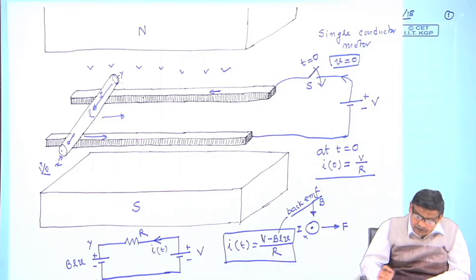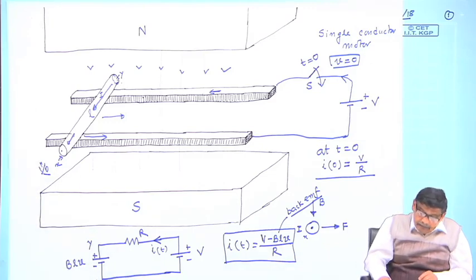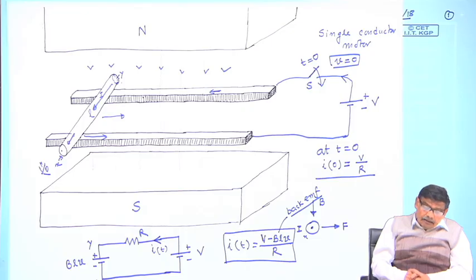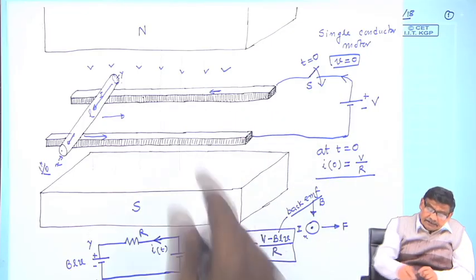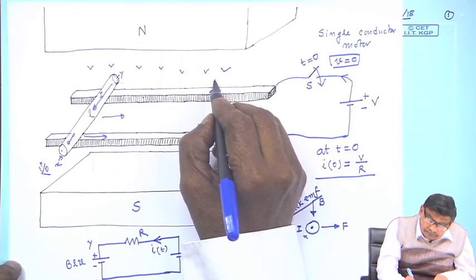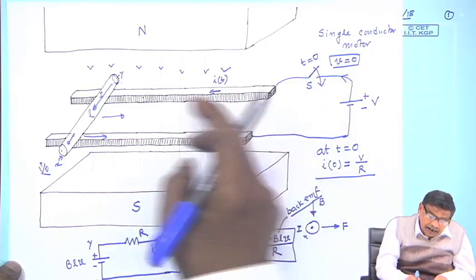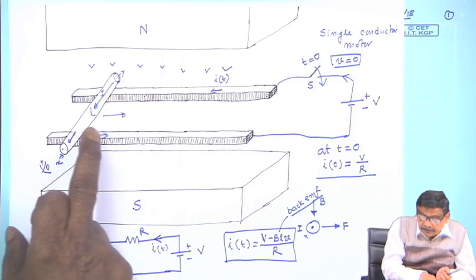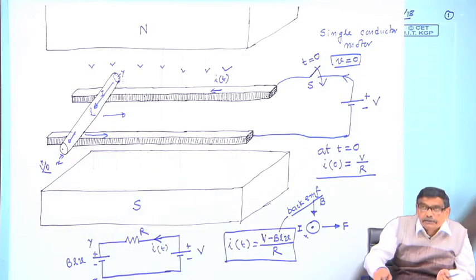So, this is the most fundamental way. Okay, this i(t) is there. So long as i(t) is present, I am sure about one thing: the conductor will experience a force towards the right.